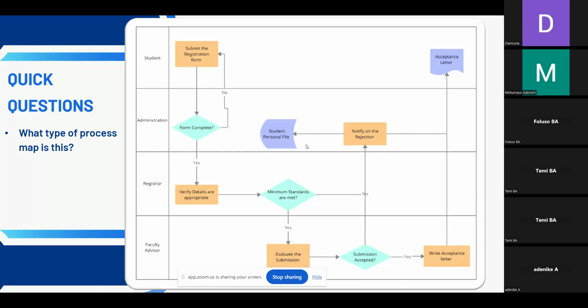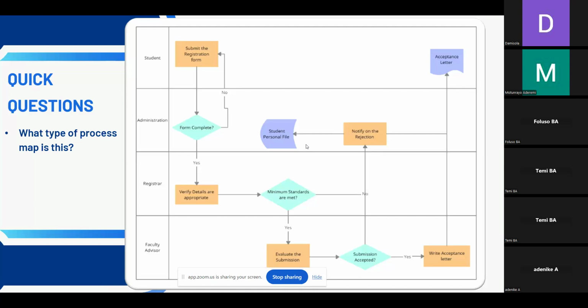What's another word for cross-functional? Swim lane. Swimming lane. You guys are cool. All right, awesome, brilliant. So that's another word. Sometimes someone will just tell you, could you do a swim lane map for me? You already know that they're talking about cross-functional, or you can tell them, I'm going to do a swim lane.